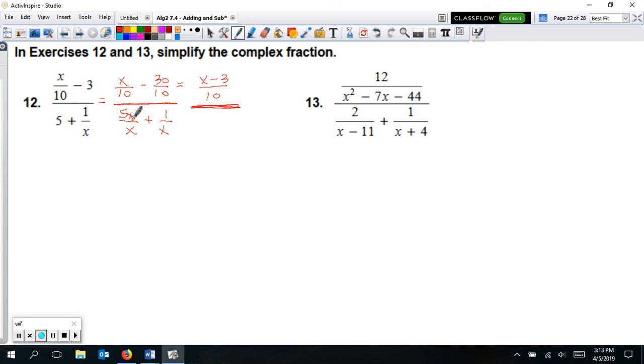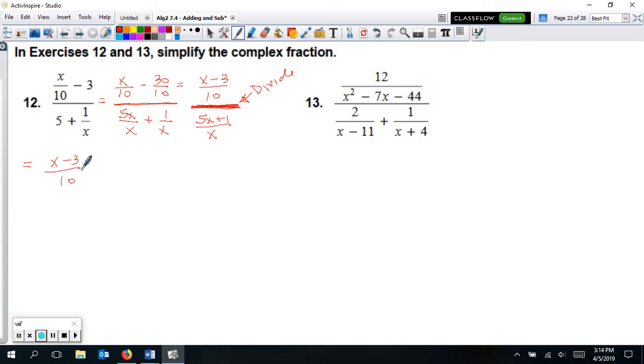So 5x plus 1 is a binomial here. 5x plus 1, and it is over x. So this big fraction bar actually means to divide. So we need to realize that that means the top divided by the bottom. And so we'll put down over here, so this will equal x minus 3.